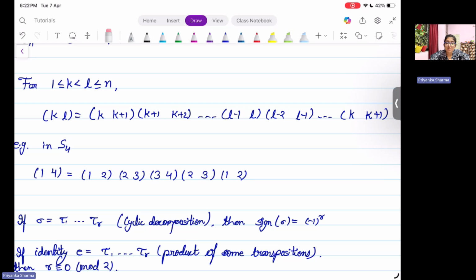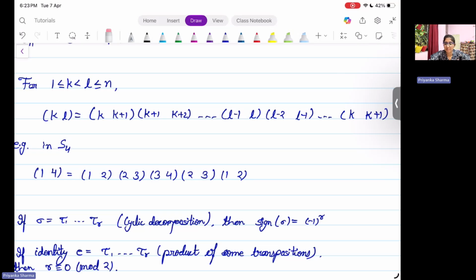Okay. So for the successive transpositions after the transposition L minus 1, L, we focus on this L minus 1. What element will make this a simple transposition? That will be L minus 2.